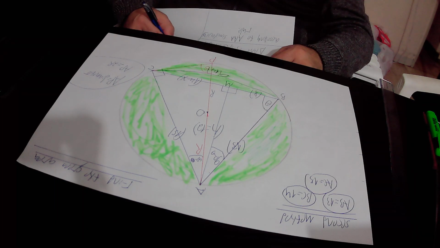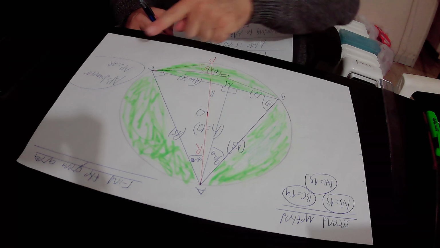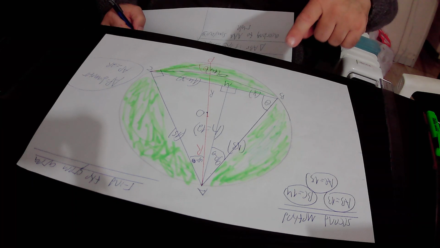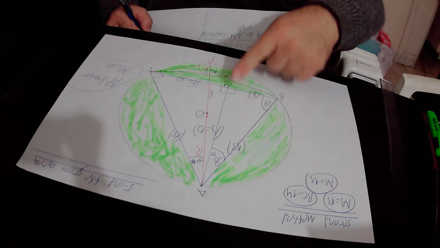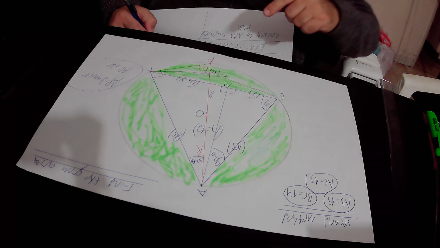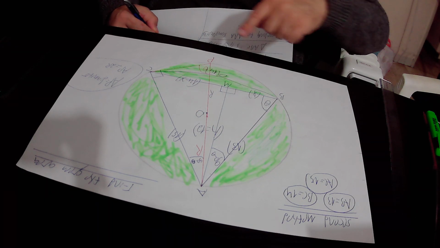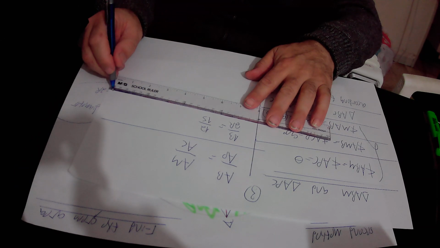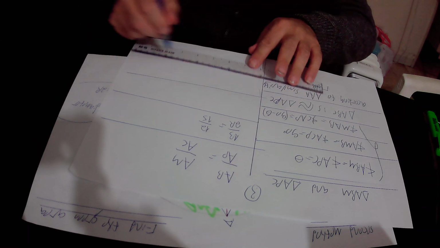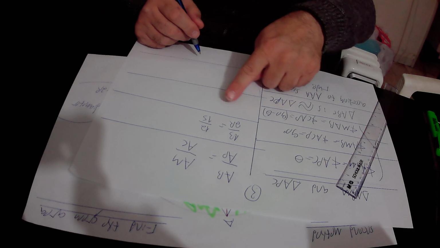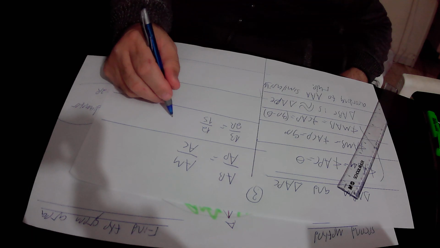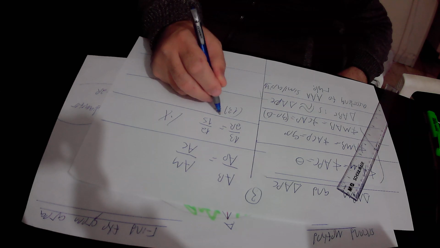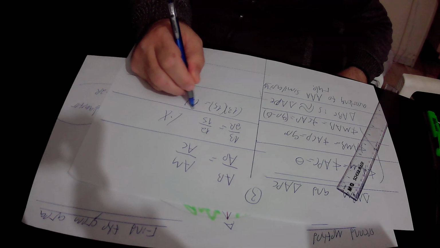AB is 13 and AP is the diameter of the circle, that is equal to 2R, and it equals AM. AM is 12 over AC, that is 15. So in conclusion, I found out that 13 over 2R equals 12 over 15. Here we'll cross multiply this equation and we get that 13 times 15 equals 12 times 2R.